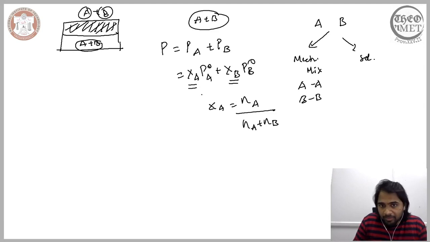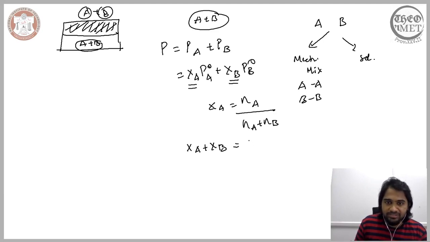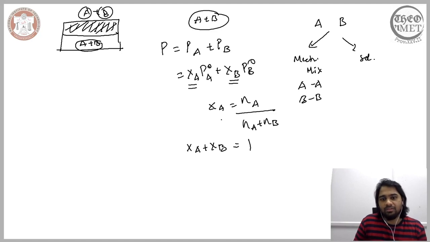We saw in our previous lecture that representing the concentration as mole fraction allows us to reduce the number of independent variables, since the summation of the mole fractions of the different components present in the system is equal to 1. You can derive this by expressing in a similar way the mole fraction of B, and summing it up you get 1.